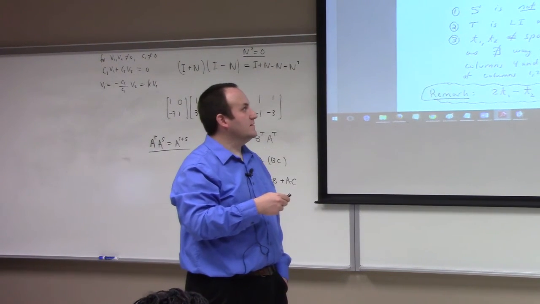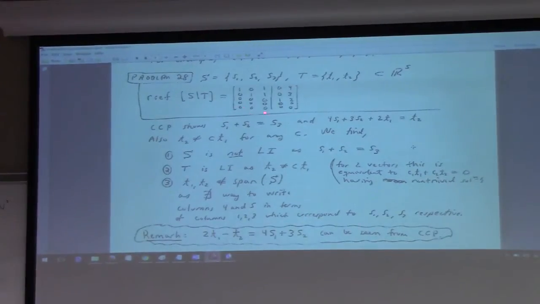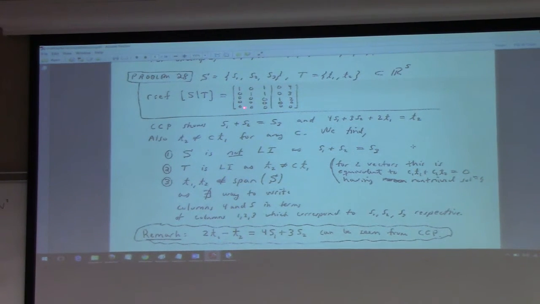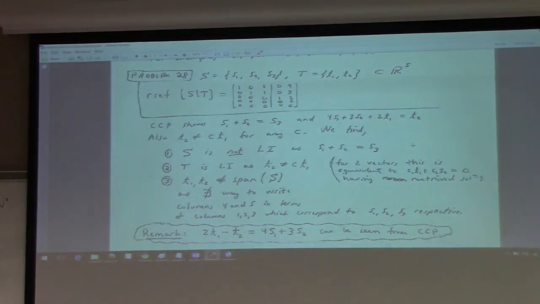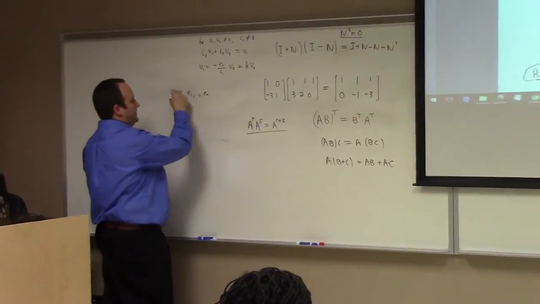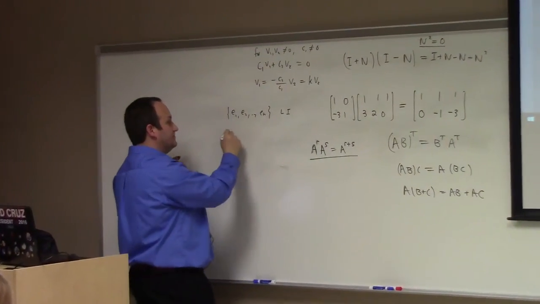In terms of seeing linear independence, the one I'm sure about is, it's pretty obvious that if you have pivot columns, like if you have E1, E2, En, this is linearly independent, right? I mean, you can see that by inspection.